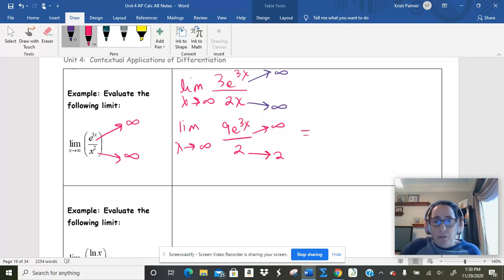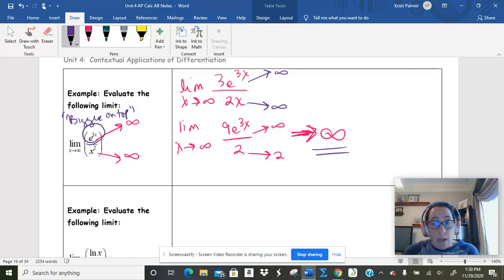Infinity divided by 2 is infinity. I guess we can never really equal infinity either. So we also could have just looked and saw that this is bigger on top and gotten infinity. I will accept completely either way.